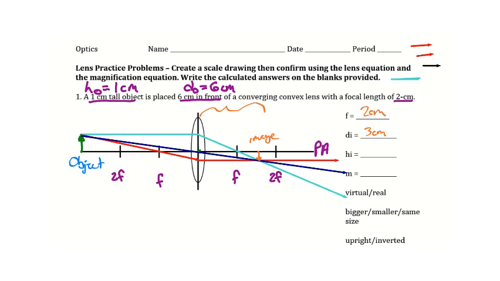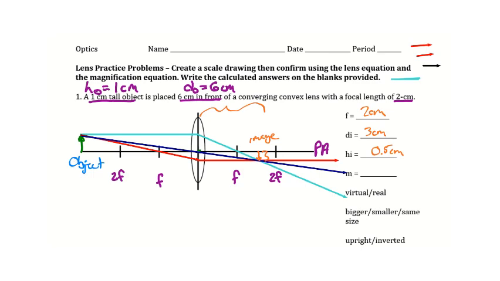The next thing we need is our image height. So the image height is the height of this arrow that's upside down here, from the principal axis to the tip. So you need to measure that distance. Take out your ruler and measure that. I did, and I got 1/2 of a centimeter. Now you'll notice that that arrow is upside down. So look at our object. Was our object upside down?